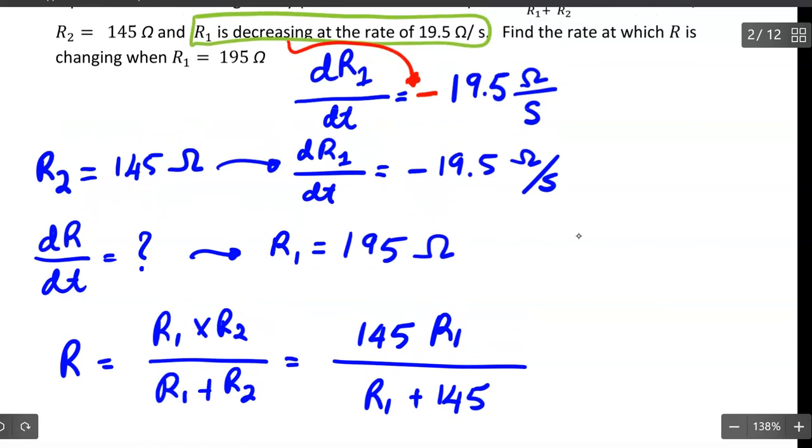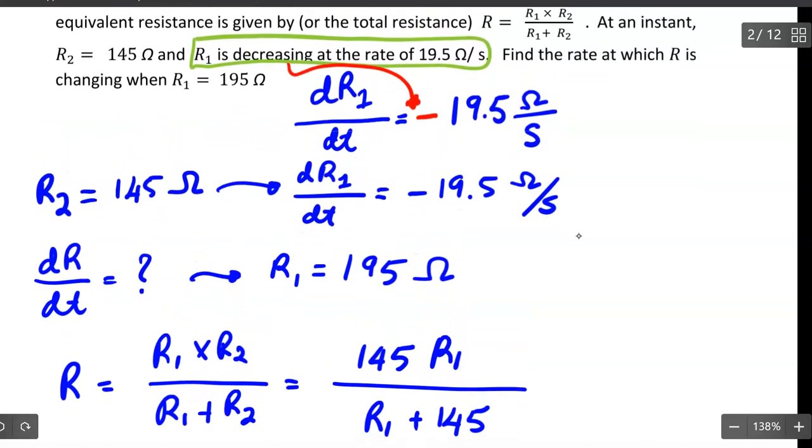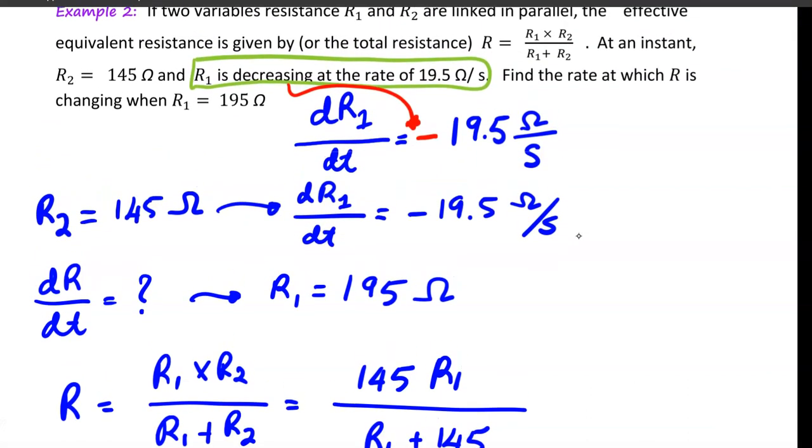Okay, so don't forget that at the value of R2 equal to 145, I am having this R1 affected by it. So like I mentioned earlier to everyone, this value is fixed. So that means you are going to substitute it into the equation right away. And R1 is changing.